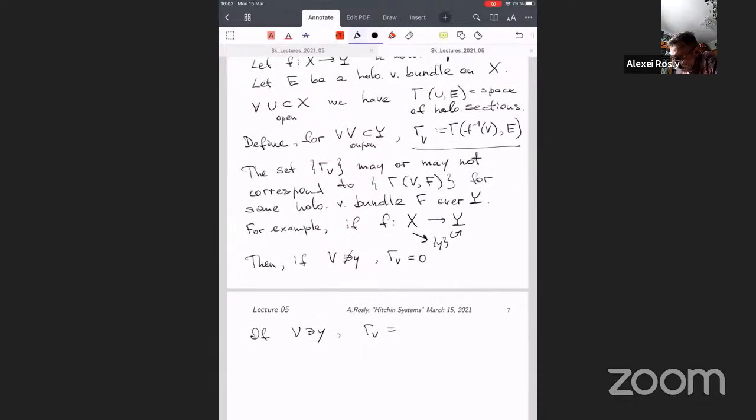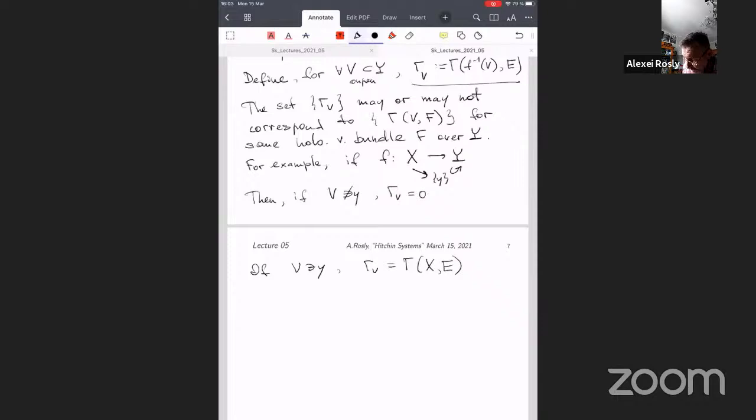Then the preimage of such an open set is the whole of X. So what we get is the space of global sections of E over X. All right. So we see that the space gamma V depends on V in a very irregular way, I would say.